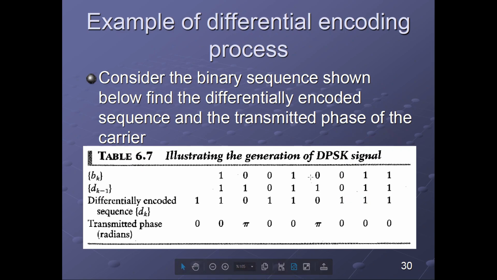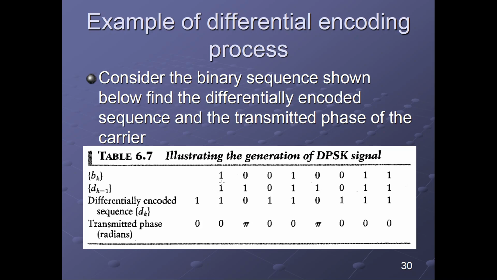Now, this is the important example. I give you the sequence BK and tell you to consider the binary sequence shown below. Find the differentially encoded sequence and the transmitted phase of the carrier for the differential phase shift keying modulation scheme.